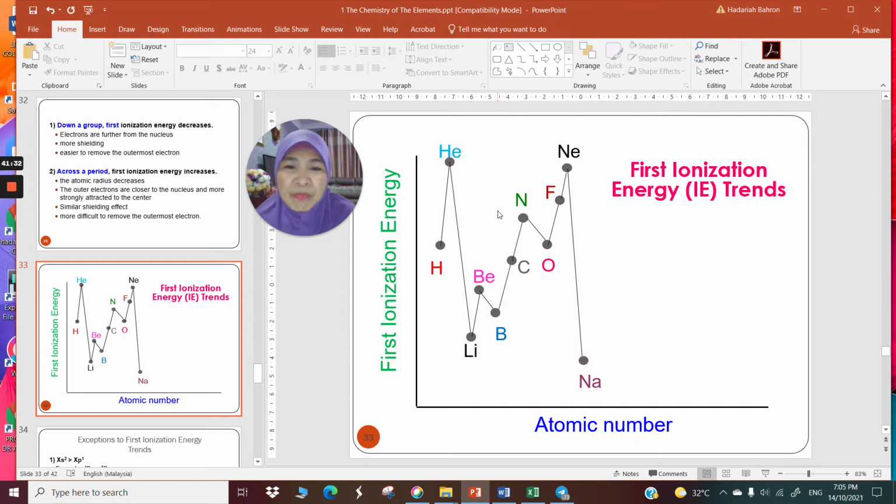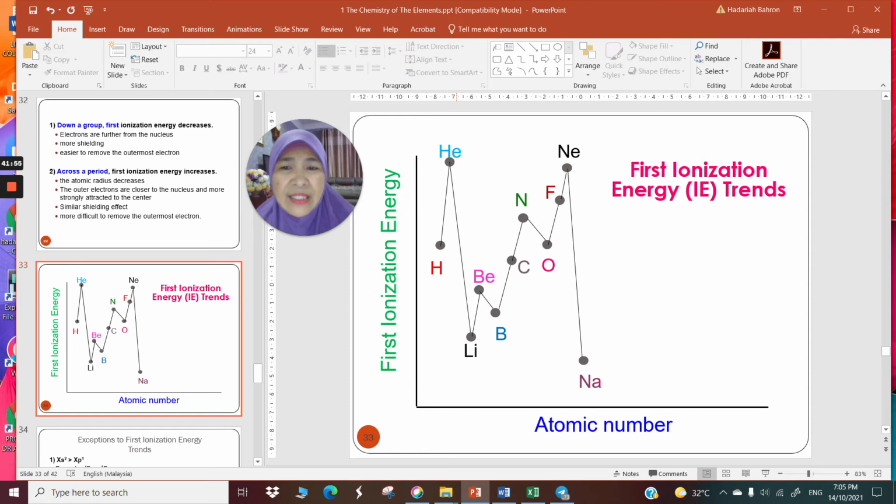So when you go from hydrogen to helium, these are the first two elements located in shell number 1. Hydrogen's electron is a lot easier to remove compared to helium's. Helium and any other noble gases are extremely stable.